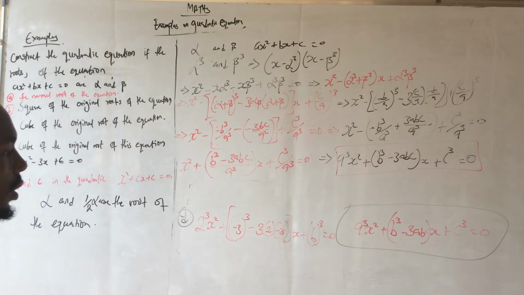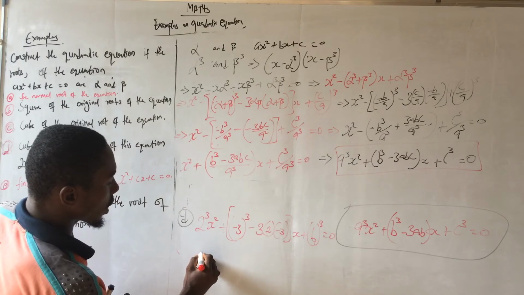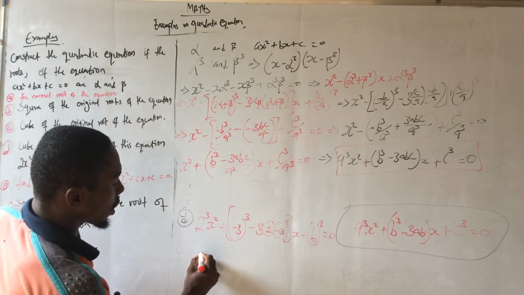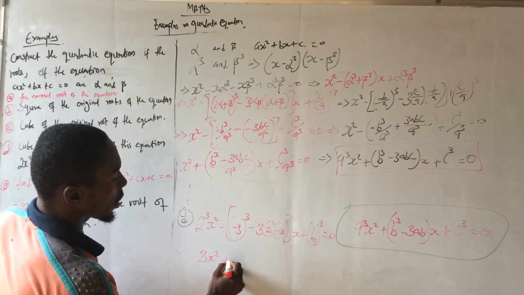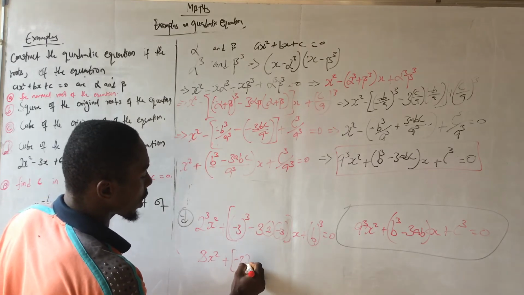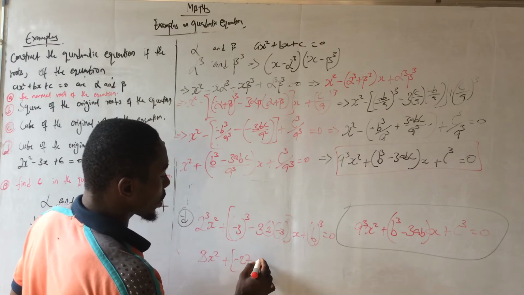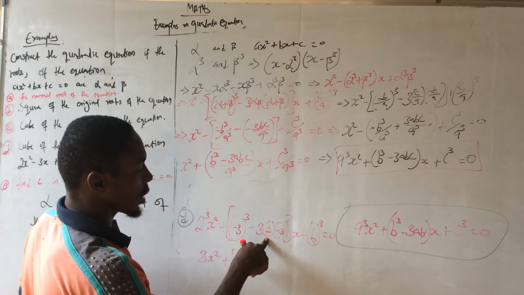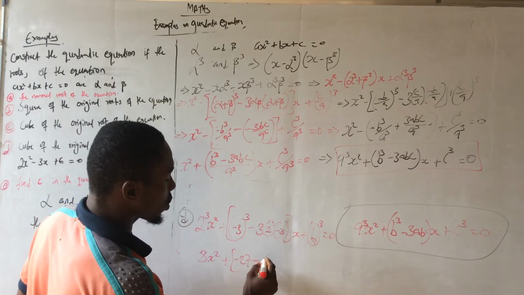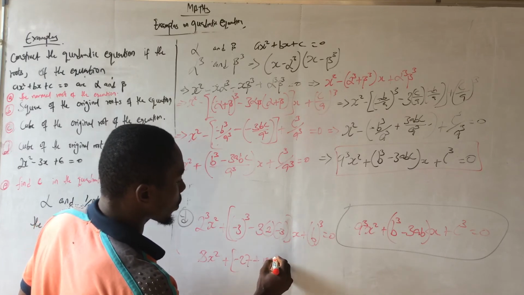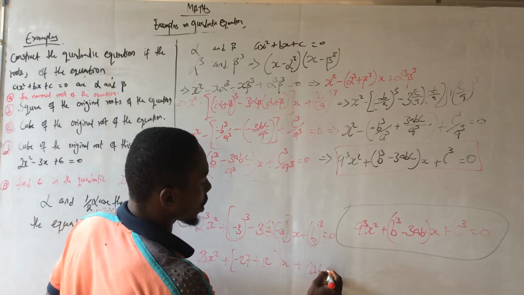Let us see whether it's going to give us 0. So here, we have that this is going to be 8x squared plus this is minus 27, then minus 27 minus, this is going to be 2 times 3, 6, then 12, minus 12 plus 12, x plus 6 raised to the power 3, 216, equal to 0.